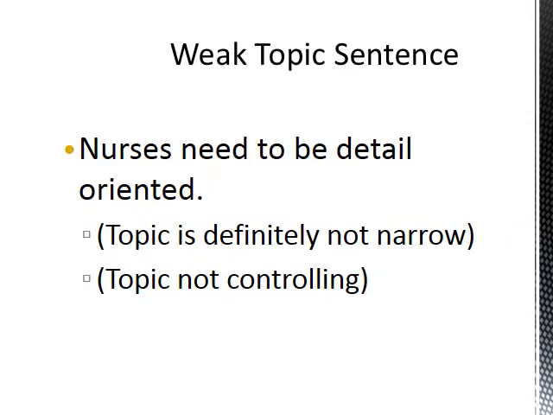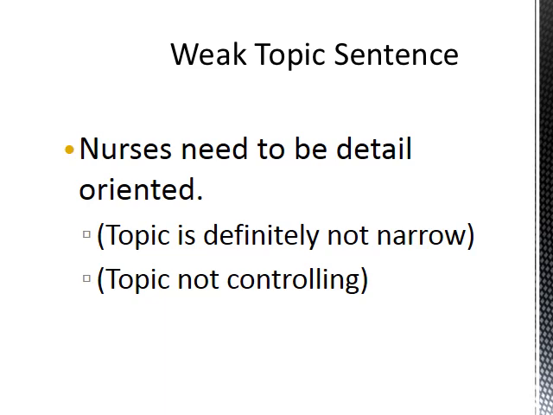As an example, if you were to write a topic sentence in a paragraph that states nurses need to be detail-oriented, well, you can talk about how nurses can be detail-oriented because of the scope of their profession. There's so much involved with nursing that if you were to try to condense it into a paragraph, it would be absolutely impossible.